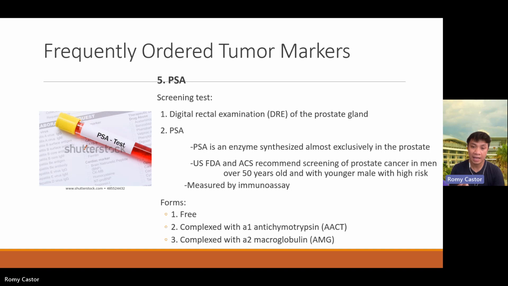We have also benign hypertrophy in the prostate, and even recent ejaculation can also increase the PSA.